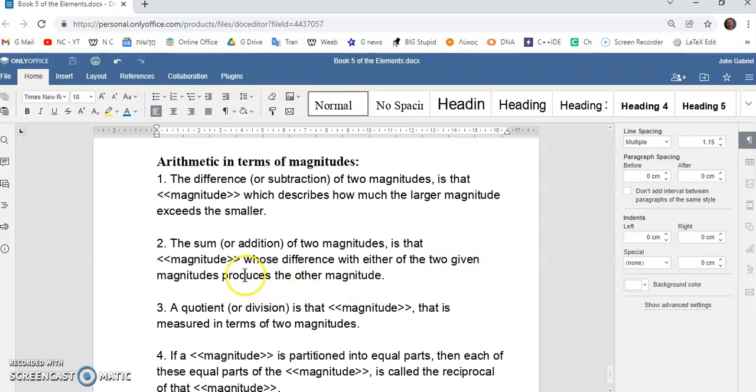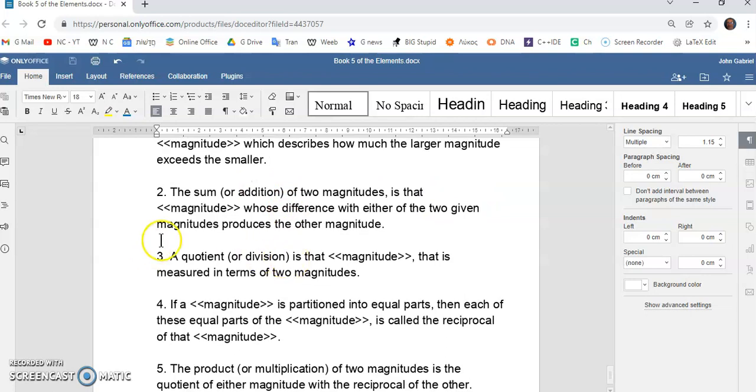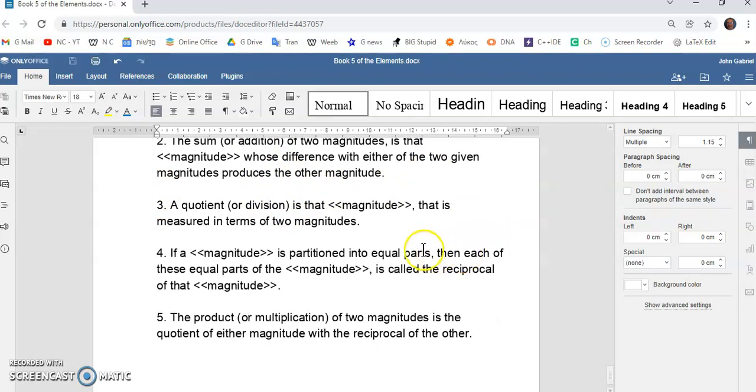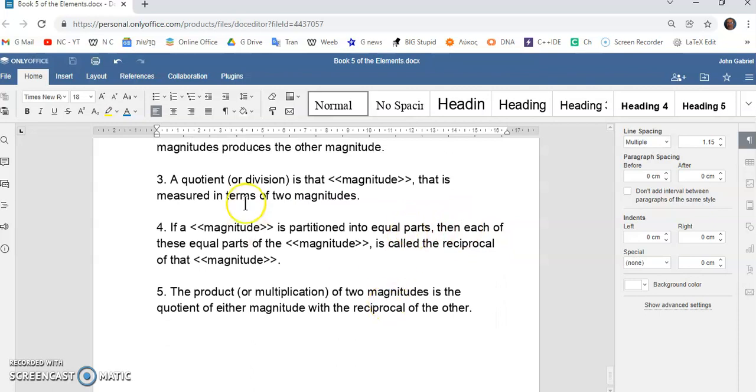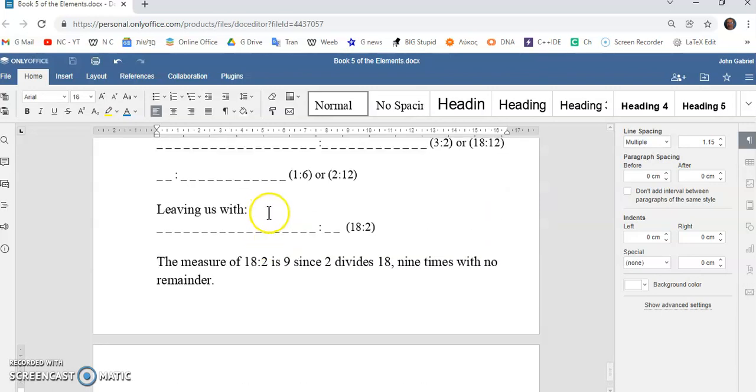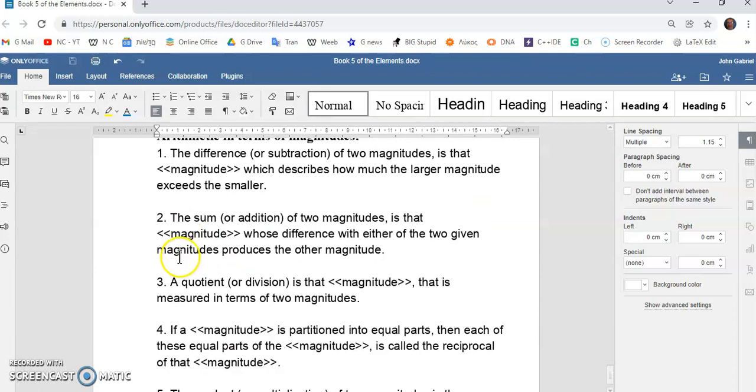And so let's summarize now finally, what is arithmetic in terms of magnitude? The difference is just how much the larger magnitude exceeds the smaller. And the sum is that magnitude whose difference with either of the two produces the other magnitude. Now the quotient is that magnitude that is measured in terms of two magnitudes, okay? As you see here in the examples, the quotient is measured in terms of two magnitudes, right?